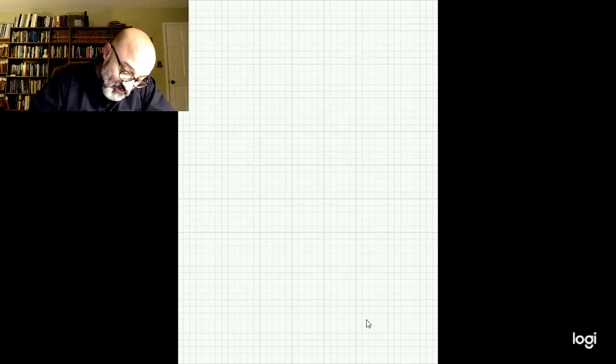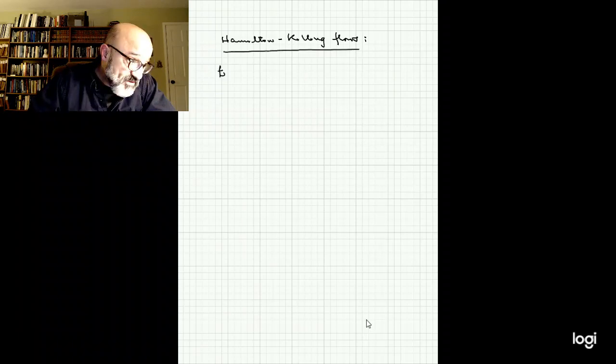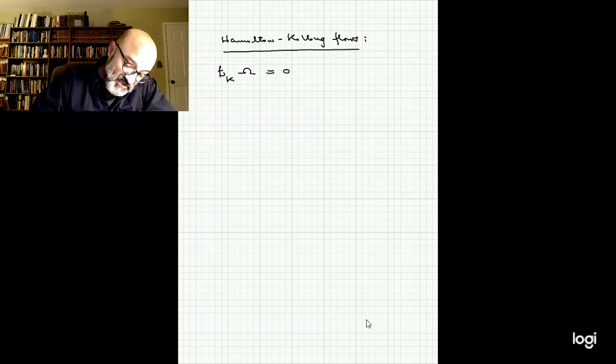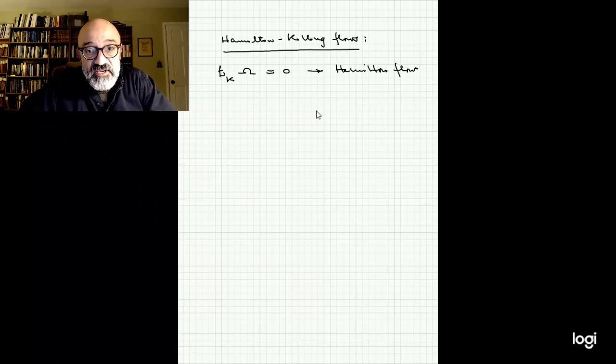But now we're going to impose Hamilton Killing flows. And so recall, if you have a flow that is Hamiltonian, you get Hamilton's equations, Poisson brackets, that whole canonical structure.